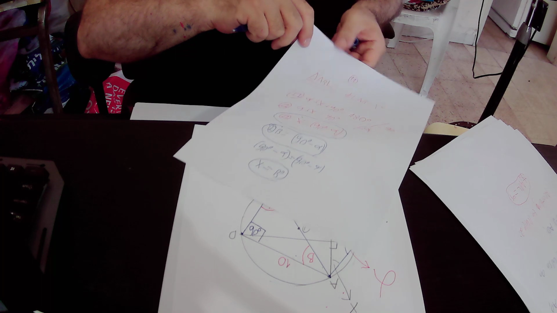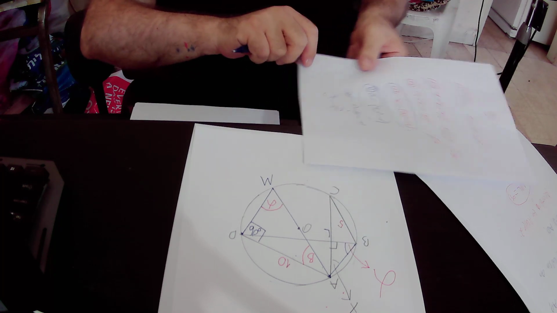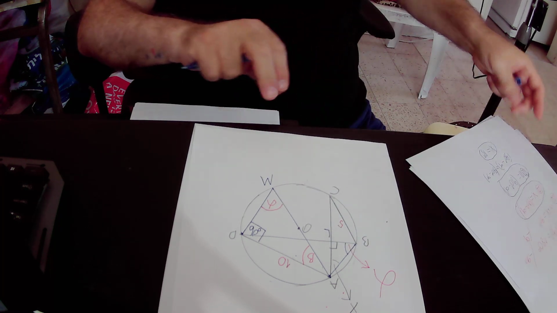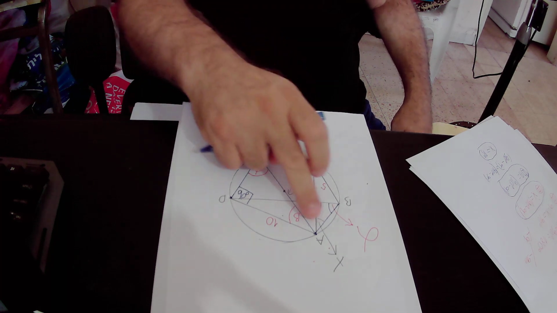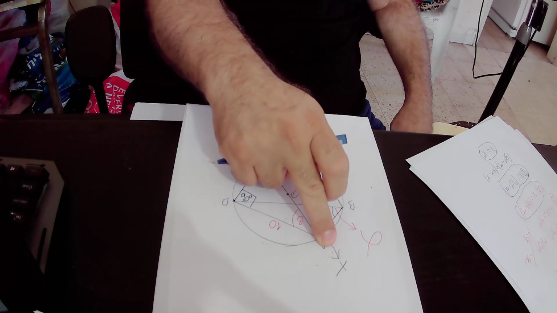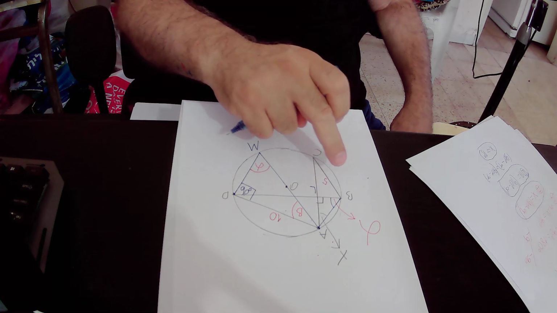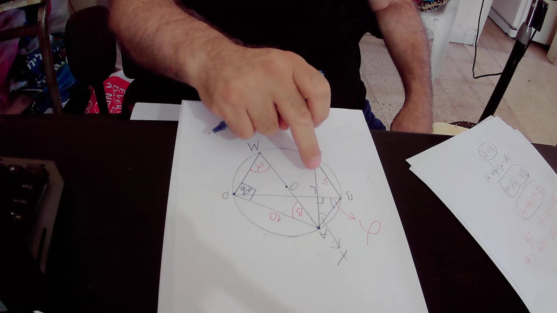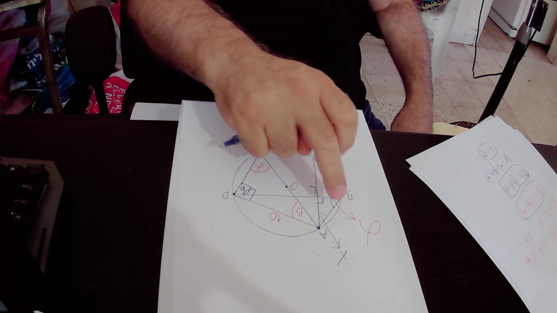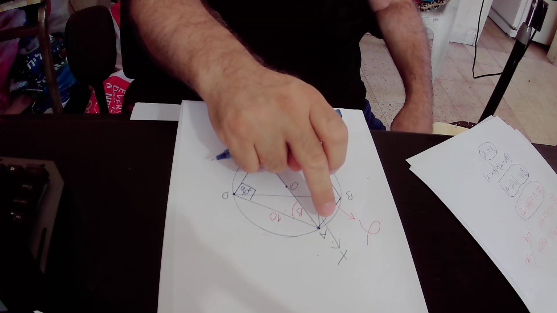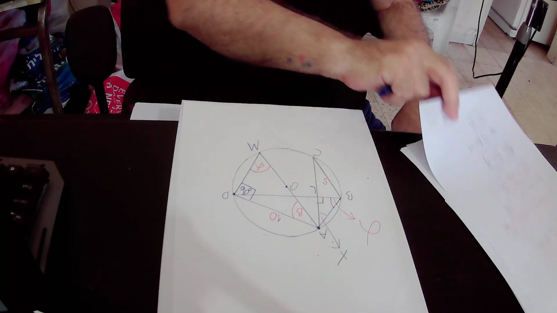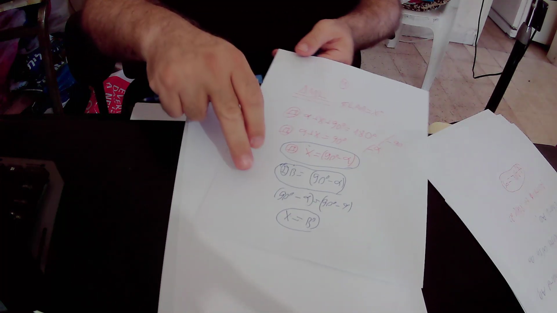So actually x equals beta, so instead of x here we can write down that angle BAL equals beta, because x equals beta, yes?